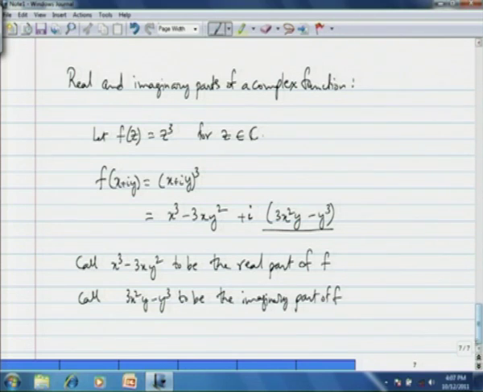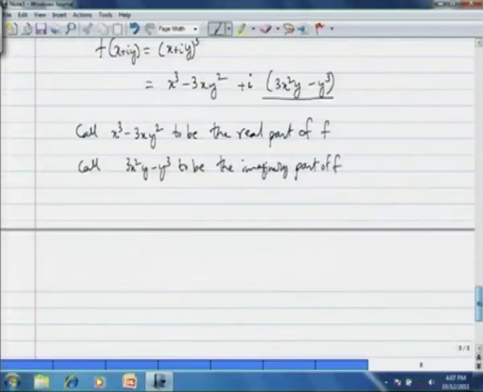So in general, this is an example of f of z equals z cube.